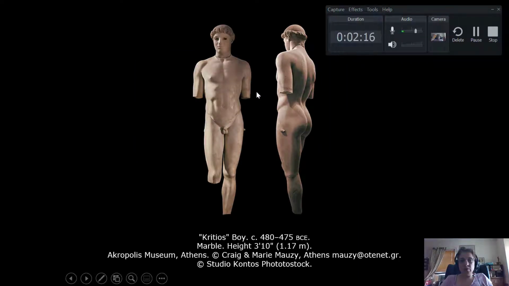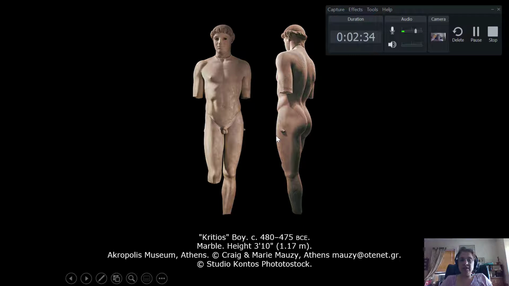Now, when we go back here so you can see it a little bit bigger, over time the feet, the legs and the arms have broken off and been lost. This little thing on the side would have been attached to the hand just as a support.